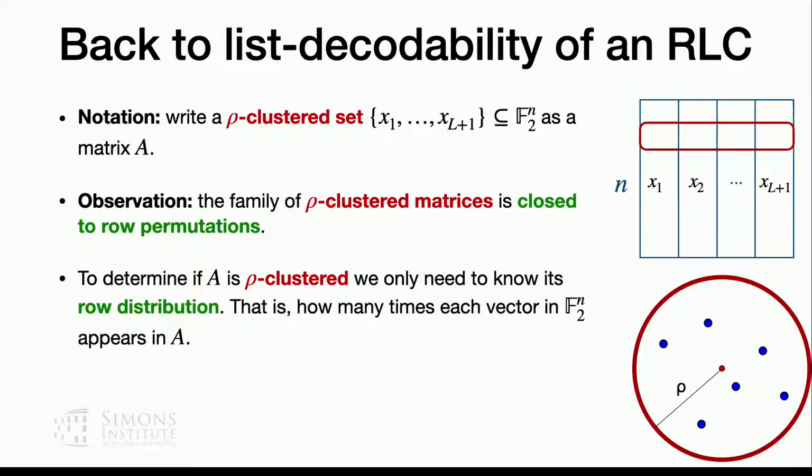You only need to know how many of each row this matrix has, because that's what being closed under row permutations means. If you want to know whether the matrix belongs to the set, you only need to know the number of occurrences of each sort of row, and then any way you arrange the rows in order, you're going to get a witness matrix.